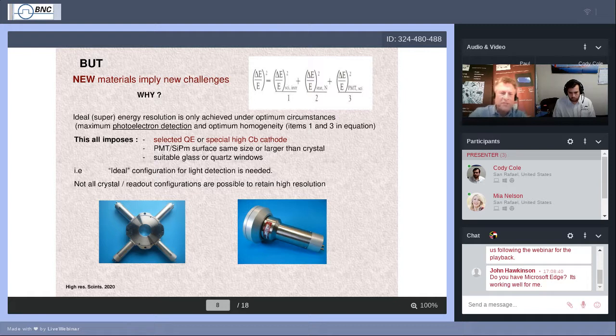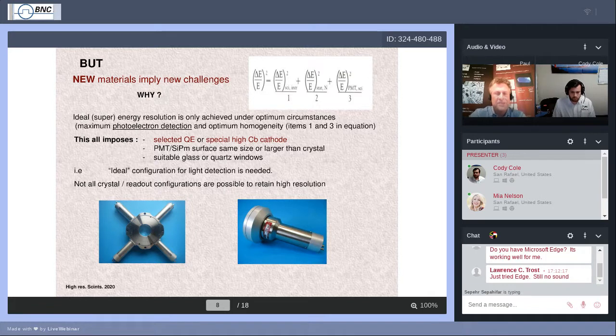Some configurations, for example, are not possible with a high-resolution crystal if you still want to achieve a good resolution in the detector. Like you see to the left here, this is a crystal with a hole in it with 4 light detection points. In this case, photomultipliers. It could also be a silicon detector. And to the right, you see a scintillator that has a size larger than the photomultiplier.